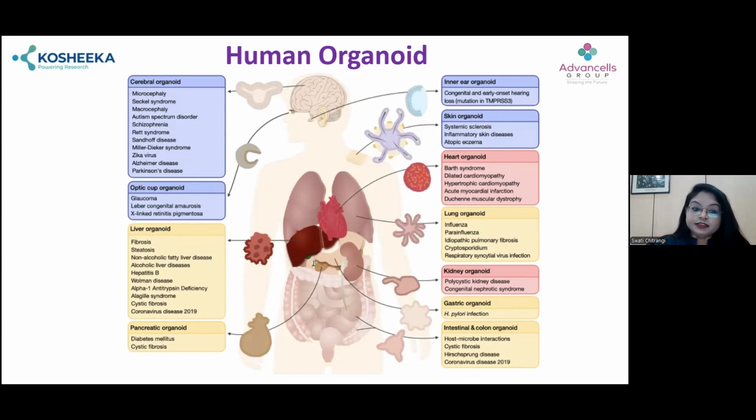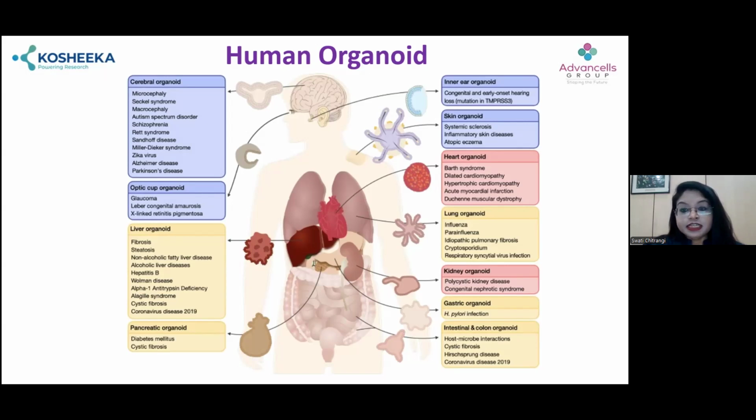So coronavirus diseases. For pancreatic, there are multiple applications like diabetes, cystic fibrosis. For inner ear organoid, some mutational disease studies of TMPRSS3 mutation have been performed. For skin diseases, there is a skin organoid which can be used for drug discovery for diseases like atopic eczema, then inflammatory skin diseases, sclerosis, systemic sclerosis disease.